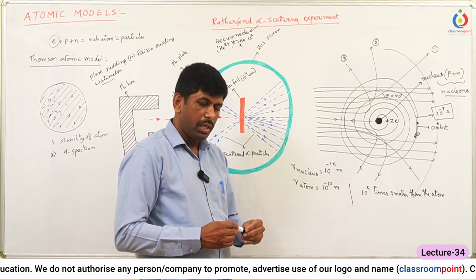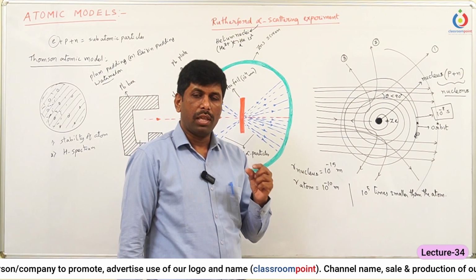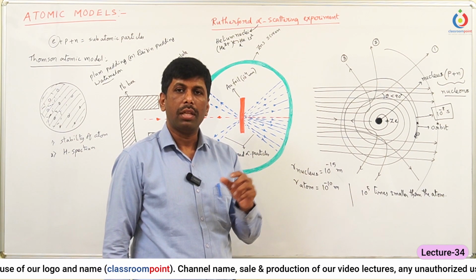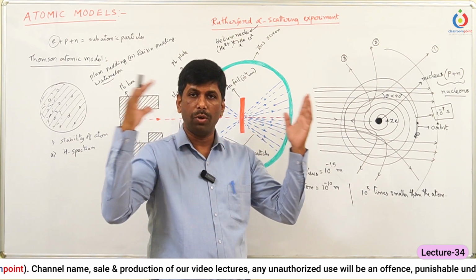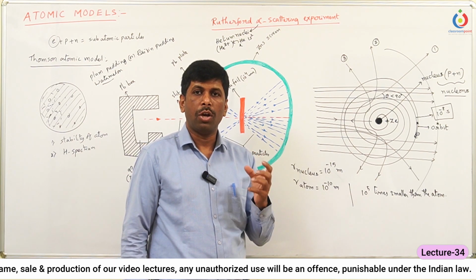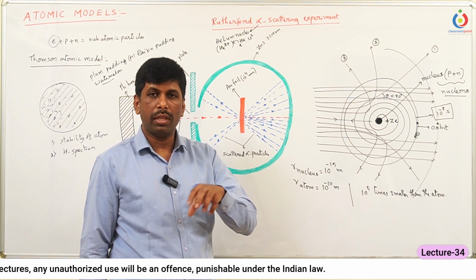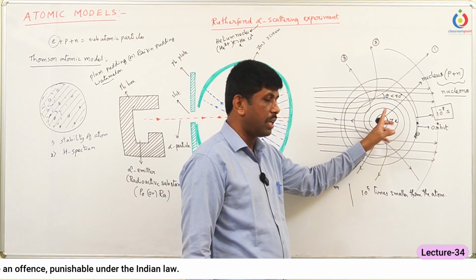That means the nucleus is 1 lakh times smaller. So small that if you imagine the nucleus as a cricket ball, then the radius of the atom can be imagined as 5 kilometers. So imagine how powerful the nucleus is and how it is controlling the entire atom. That much power the nucleus generates.